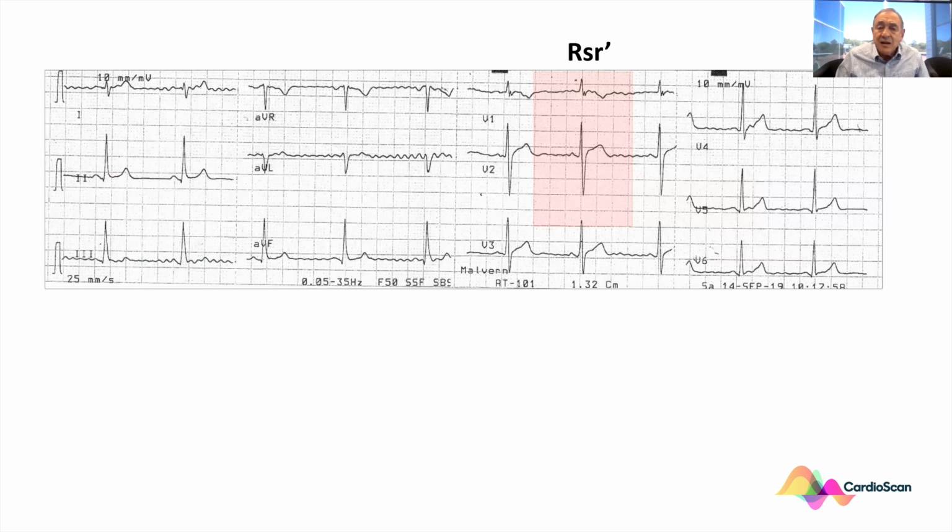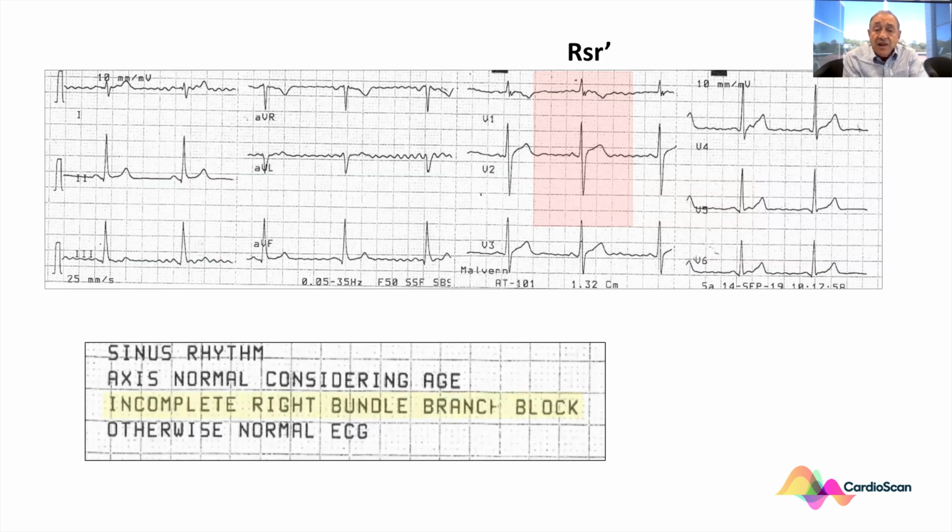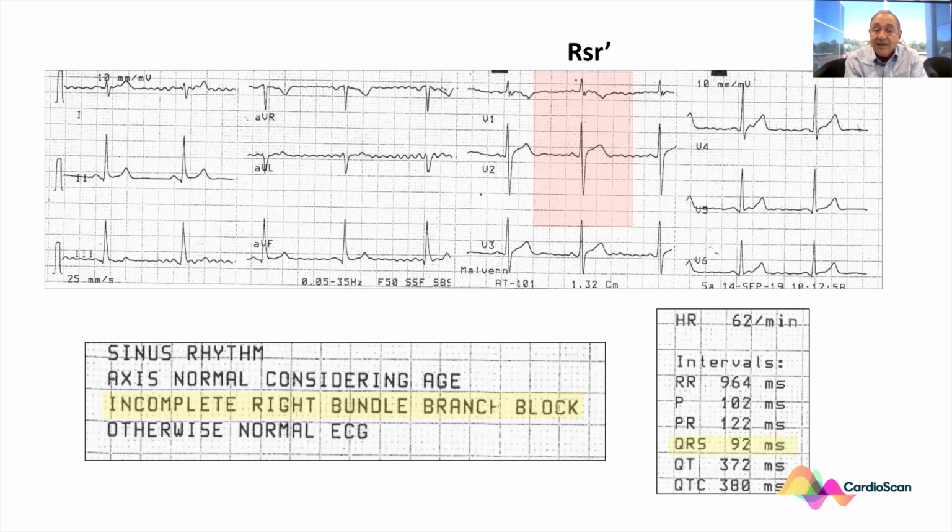Take, for instance, this ECG tracing with an RSR prime, and it looks like an incomplete right bundle branch block. Indeed, the automatic report from the ECG machine says incomplete right bundle branch block, otherwise normal ECG. I agree with that. But when one looked at the QRS width, it's only 92 milliseconds.